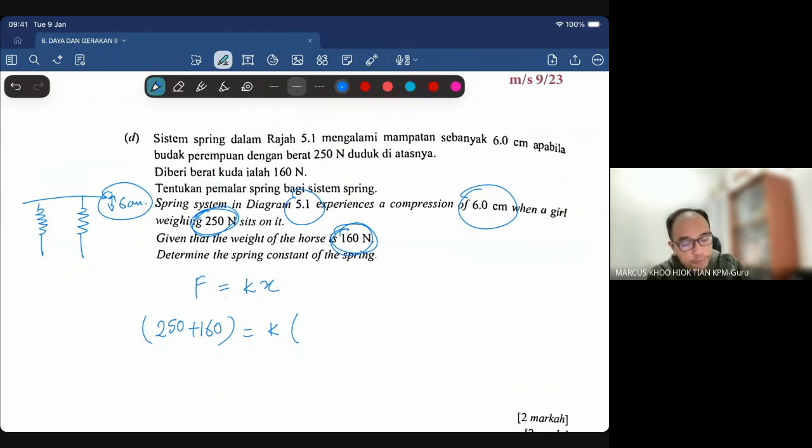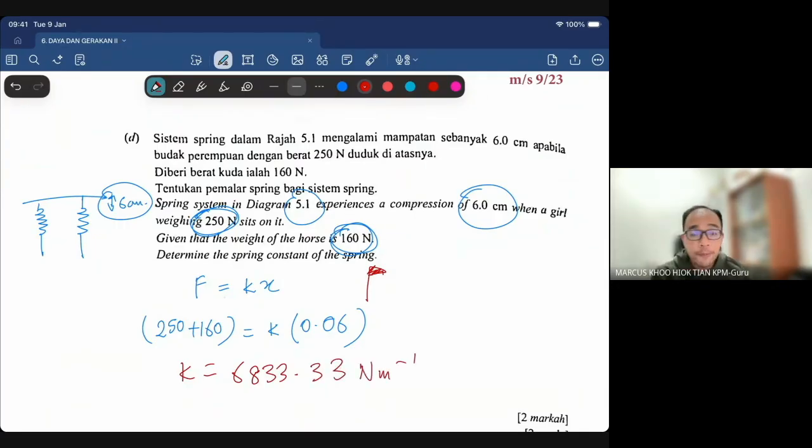Change the 6 cm to 0.06, remember, always use meters, and you will get K equals 6833.3333 newtons per meter.